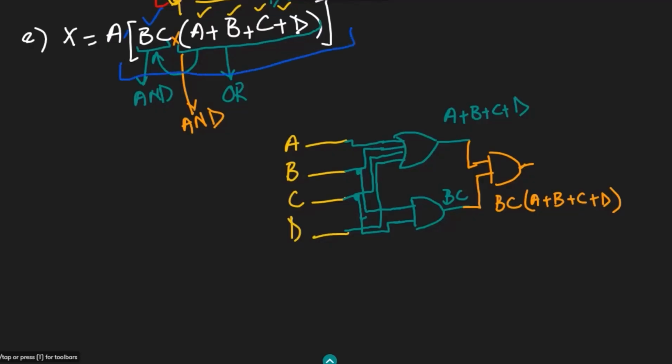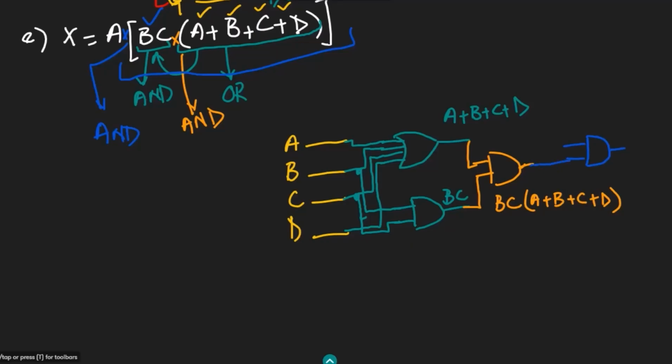With it I have to multiply A, and this is another AND gate with a different color I am using here. The two inputs are applied here.